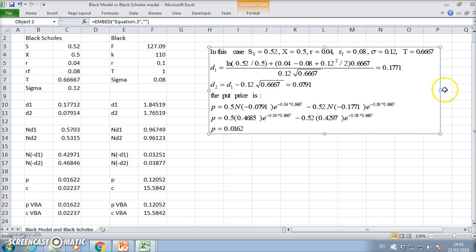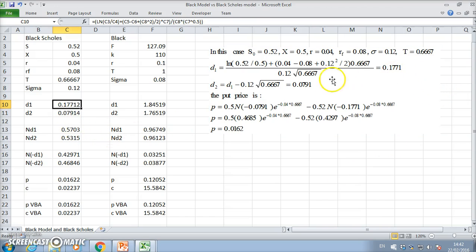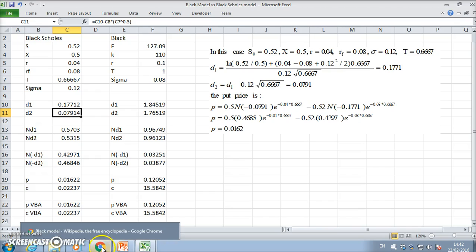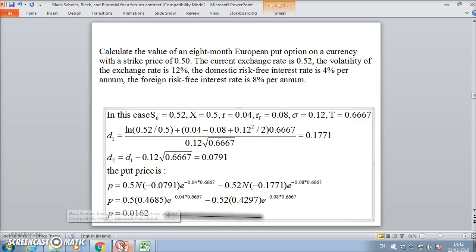We also discovered the same values for d1 and d2. Okay, so the same basic options problem could also be addressed using the Black model.